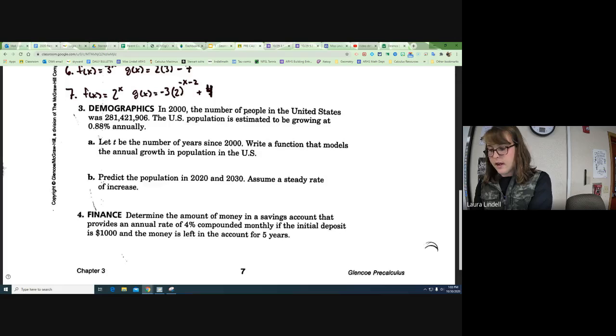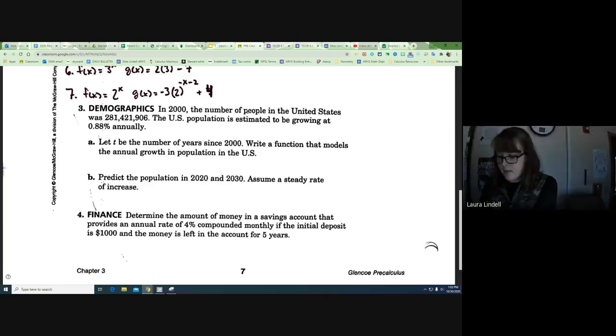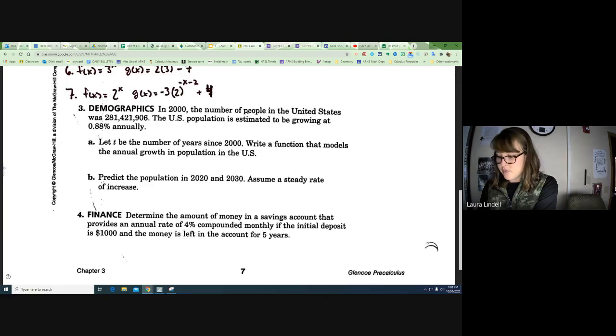And it grows at 0.88% annually. And we want a function that models the annual growth in the United States. And then we want to predict the population in 2020 and 2030.